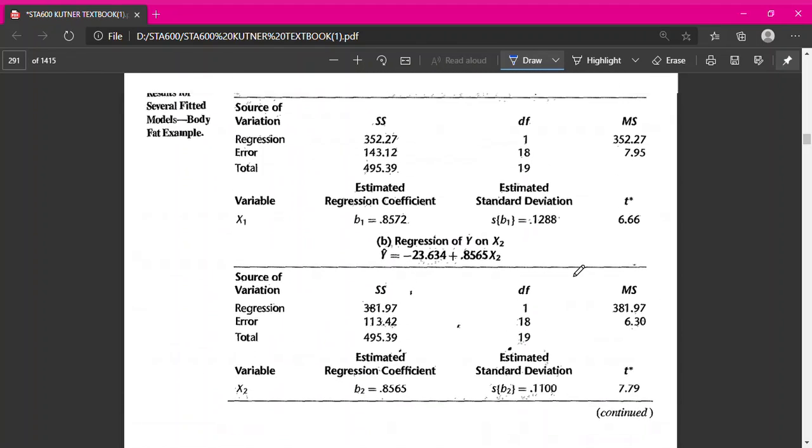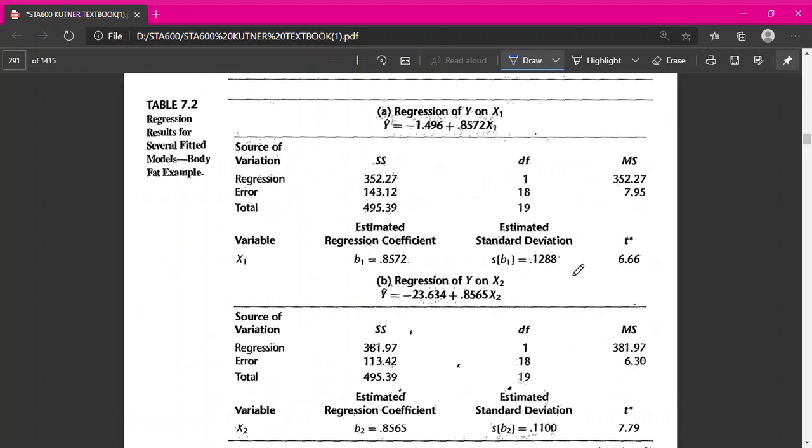Okay, kalau tengok kat sini, this is dia punya results. Okay, untuk A ni, when we regress Y on X1 alone, kita regress Y dengan X1 sahaja. So this is the model yang kita dapat. Kita ada Anova Table here, SSR, ada SSE, SST, and then kita ada juga the estimation of the coefficient.